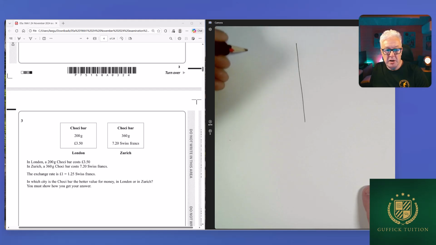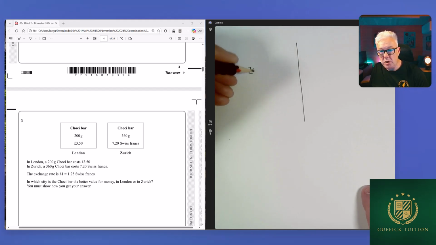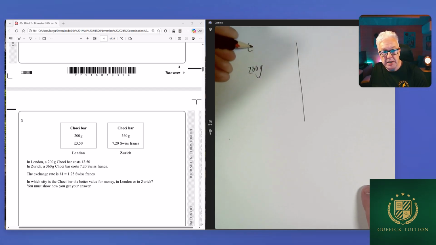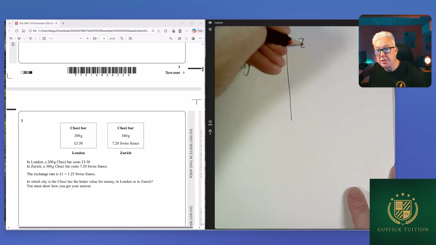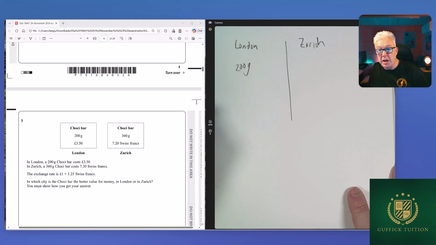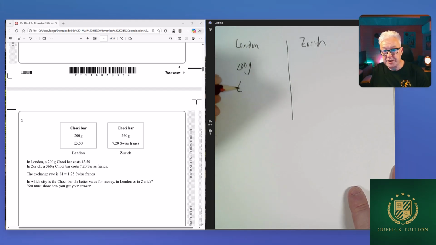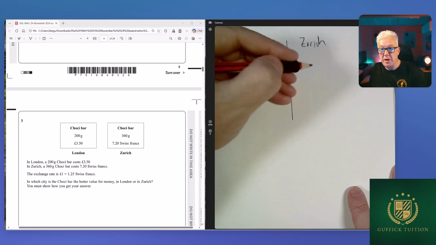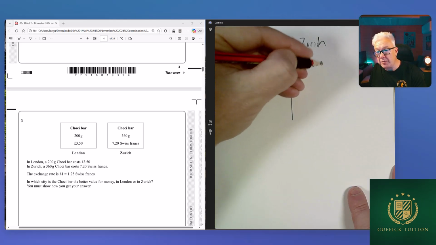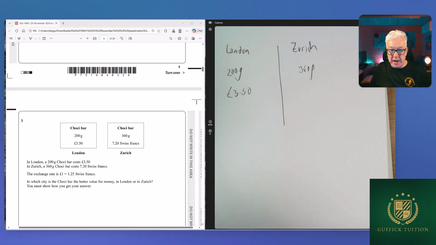Okay, so we've got 200 grams, let's say we're in London, and then here we are in Zurich. We've got 200 grams and it costs £3.50 in London. If we have 360 grams in Zurich, let's convert that into pounds.